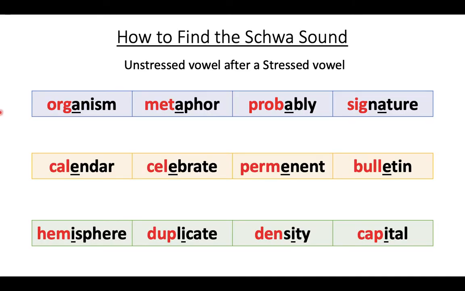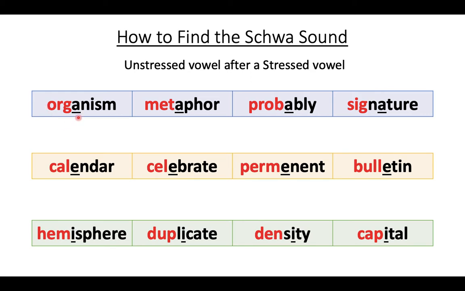Okay, how do we find this sound? Well, one way to find it is it's the unstressed vowel that follows or is after a stressed vowel. In each of these words, the stressed part is in red. And remember, if it's stressed, you want to say it louder, longer, and clearer.